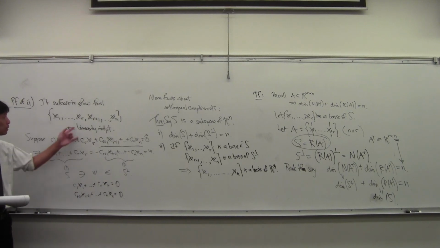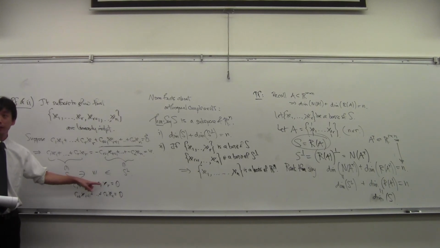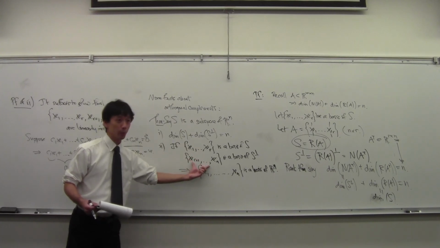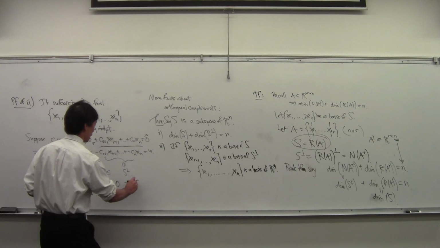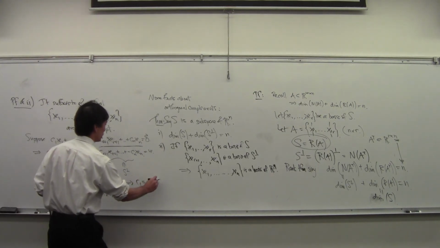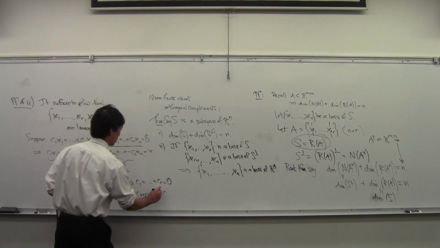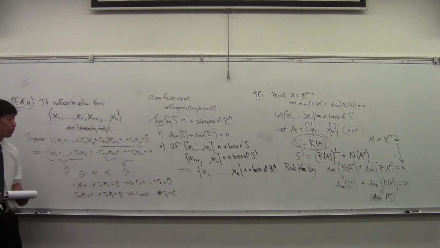At this point, we use the fact that these are bases. x1 through xr is linearly independent because it was a basis of S, and these guys were independent because they're a basis of S perp. So c1 through cr must all be 0, and cr plus 1 through cn must also be 0. So all the coefficients are 0.